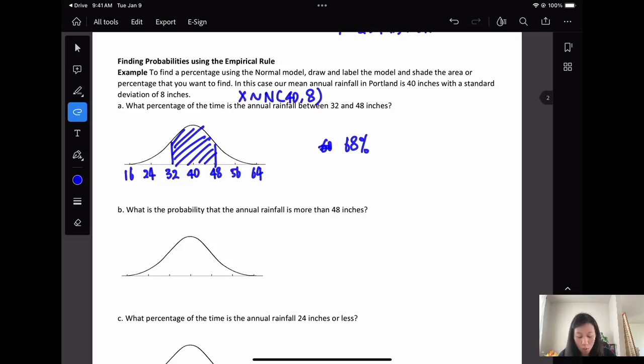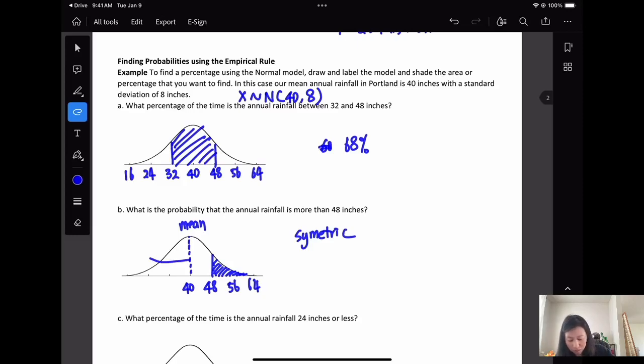Now, what is the probability that the annual rainfall is more than 14.8 inches? So 14.8 inches, let's do this again. We know that this is the center. This is the mean. So 14.8 inches means this area. So how do we find out about that? We know that the normal distribution is symmetric.